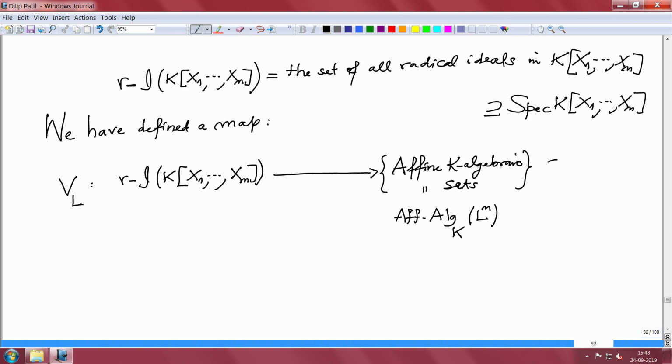And this is a subset of the power set of L^n. So we have defined this map, namely any ideal A goes to V_L of A.